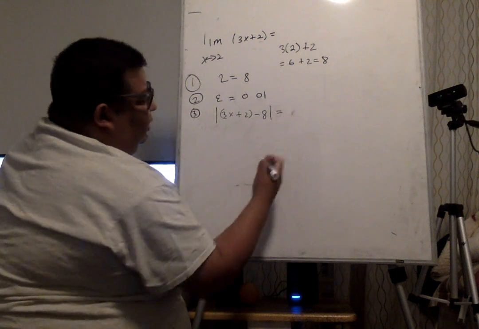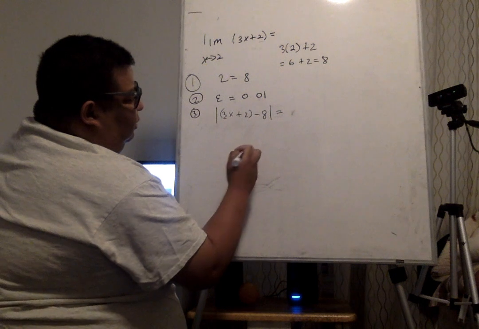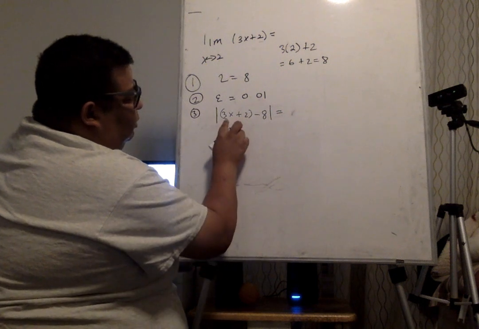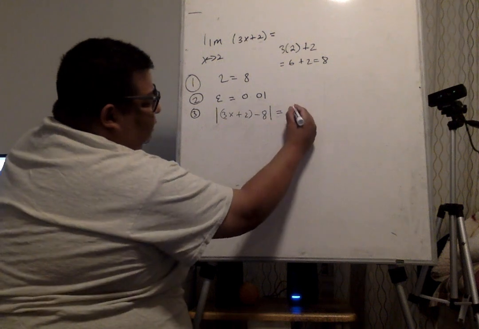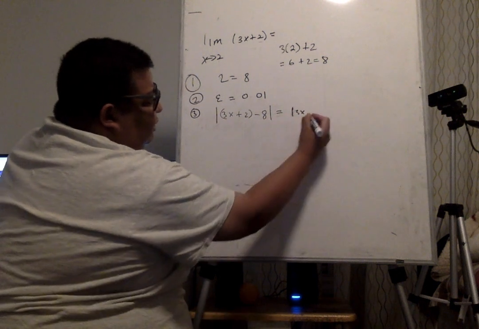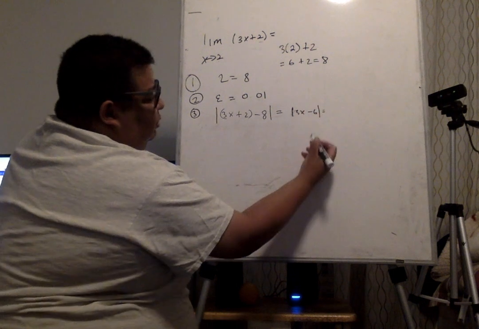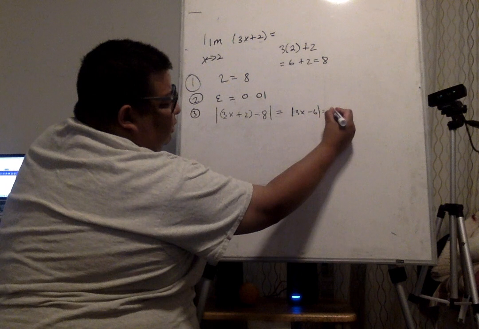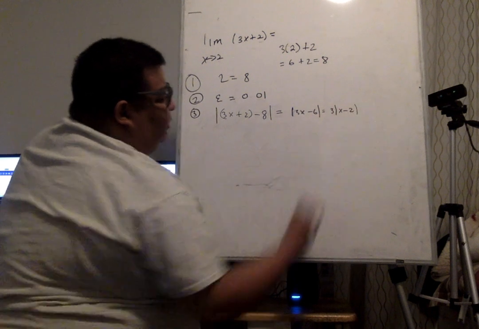So this quantity is equal to, we're gonna make it look different, so that way I'll show you why. 3x plus 2 minus 8, that will be minus 6, and that is equal to, we take out a 3, 3 times x minus 2.